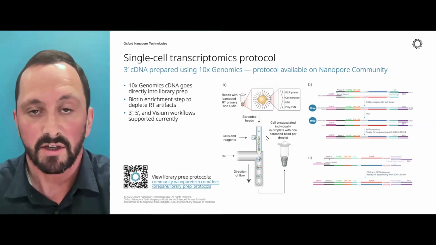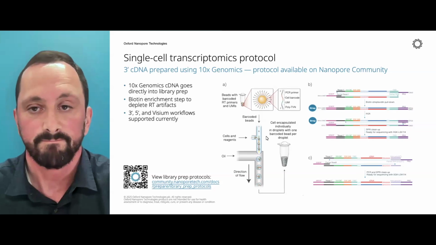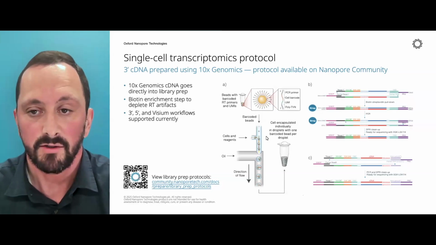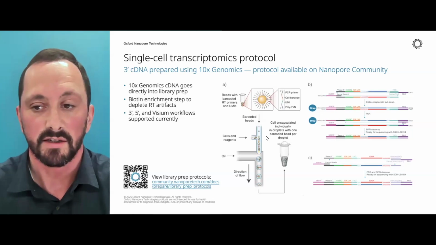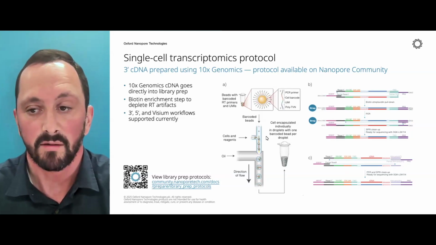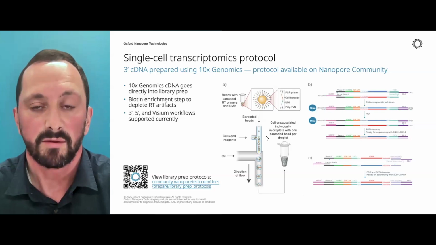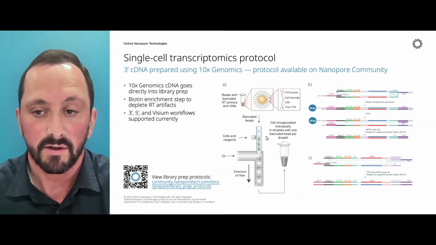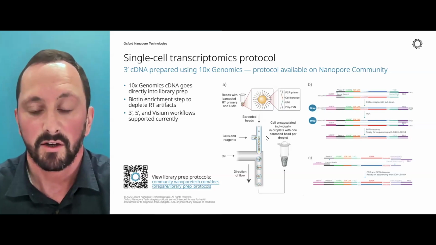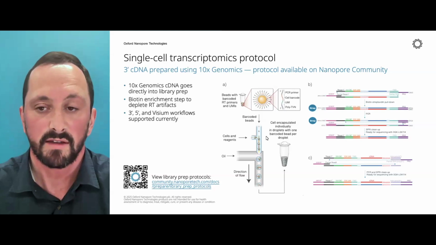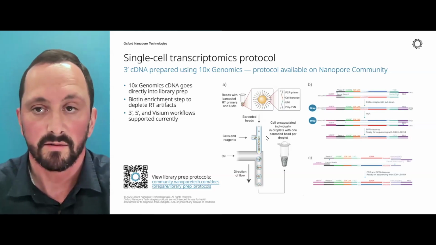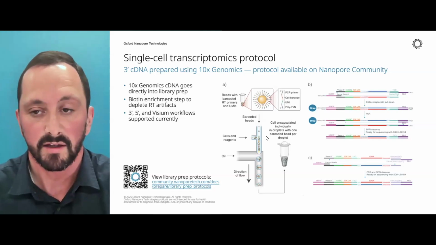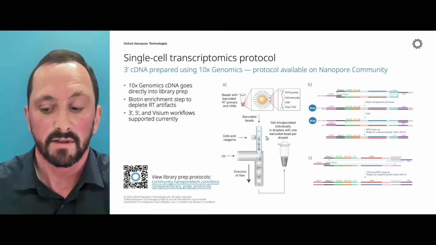You don't fragment it because you want the full-length transcripts, and you amplify with specific primers, and then those go right into our ligation sequencing chemistry library prep. There's an optional step to enrich for full-length transcripts. We support the 3' and the 5' in the Visium workflows currently from the 10x Genomics kits, but essentially you take the cDNA directly into the Oxford Nanopore library prep kit and get the full-length transcriptomics reads out.